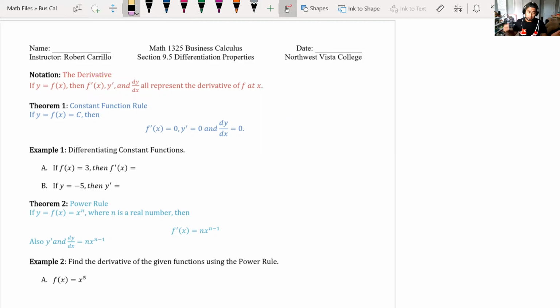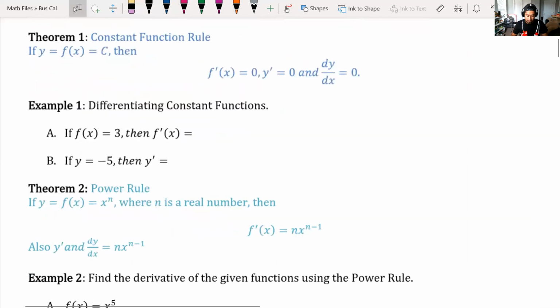All right. Rule 1 for derivatives, the constant rule. If you are given a constant, then the derivative of any constant, no matter what, will always be 0. So remember, a constant is just a number without a variable, which we have examples below.